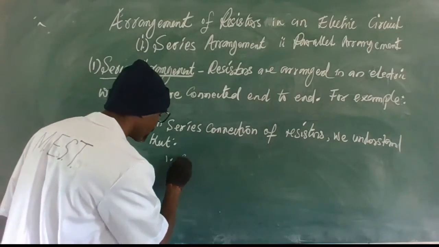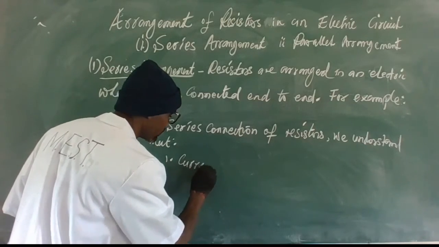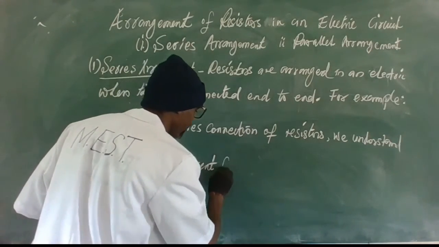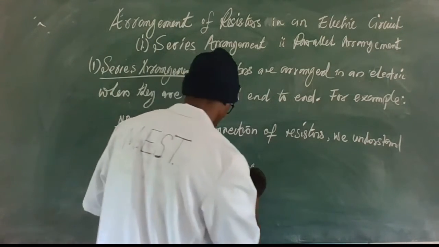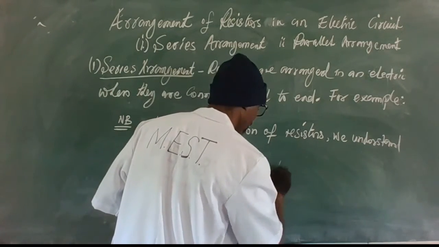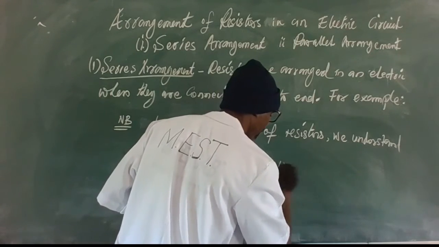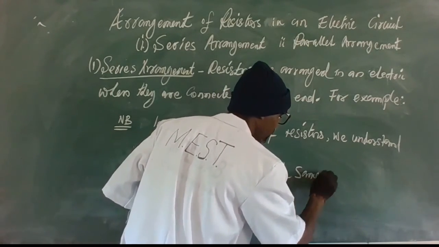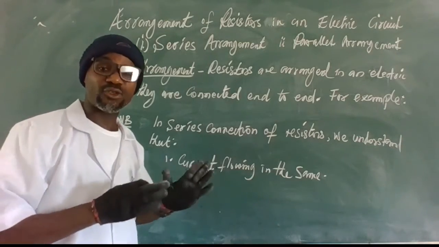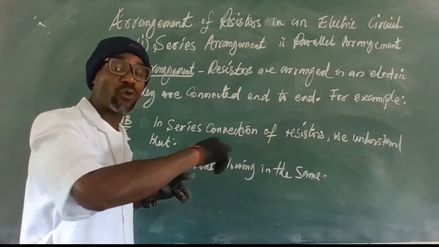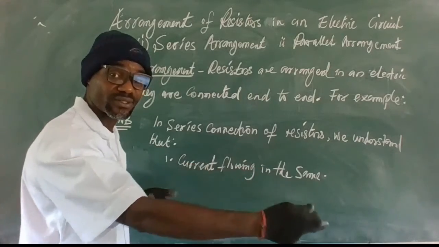Current flowing is the same. We must know that. Very, very important. That's the first thing. Once the connection has to do with series connection, current flowing along all the resistors is the same.